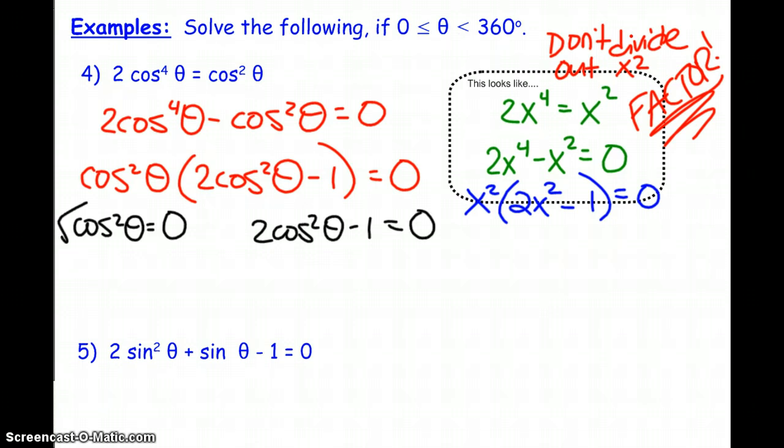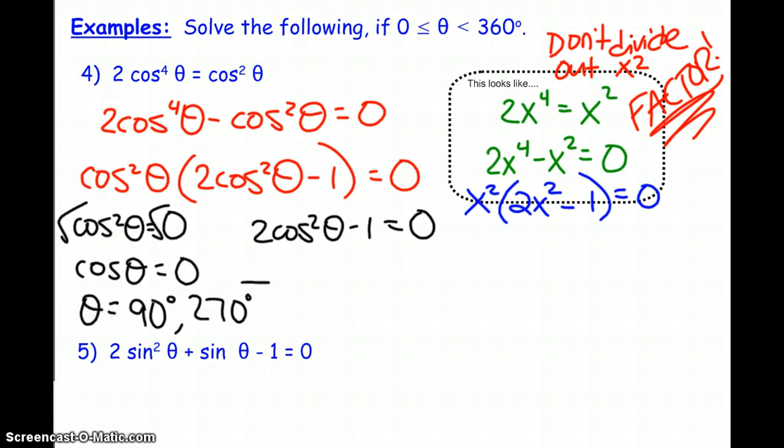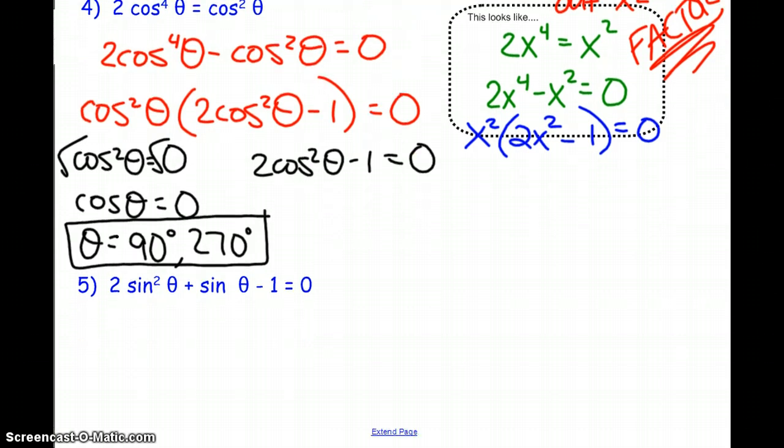From here, take the square root of both sides. Well, the square root of 0 is still just 0. So where does cosine of theta equal 0? And again, we're in degrees. My 2 solutions here is 90 degrees and 270 degrees. Don't forget to keep going. We have another factor that's going to give me even more solutions.